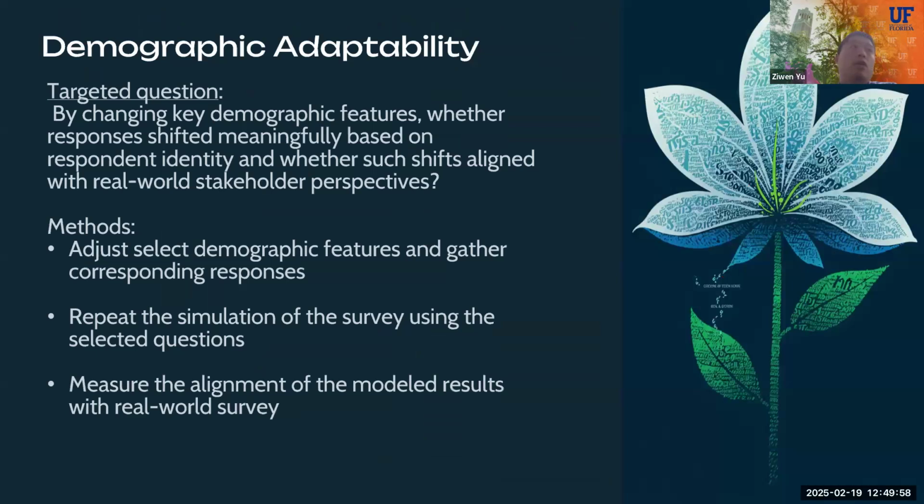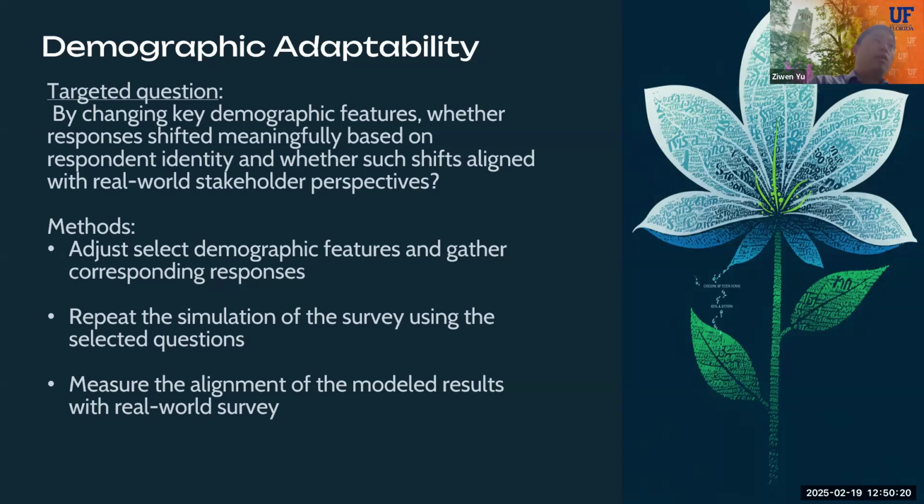And the third test that we did is to see the demographic adaptability of the model. By changing the key demographic features, we're trying to see whether responses shift meaningfully based on respondent identity, and whether such shifts align with real-world stakeholder perspectives.